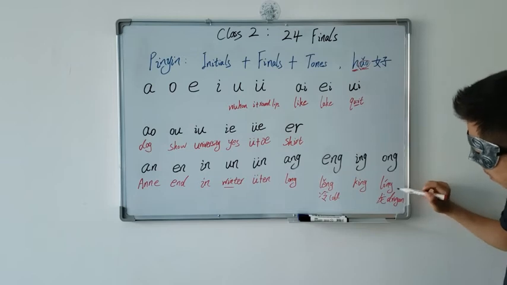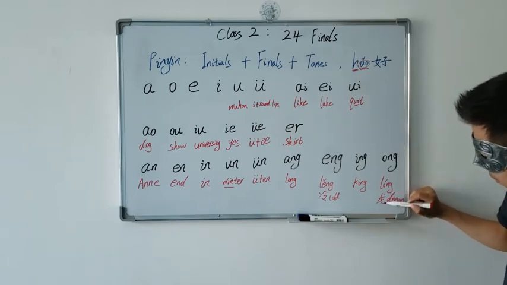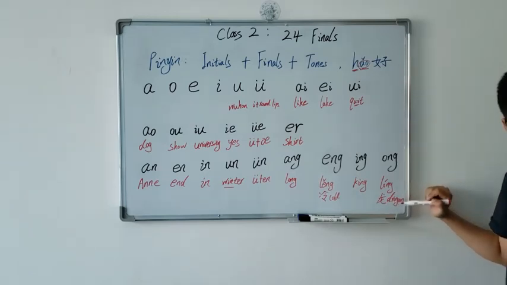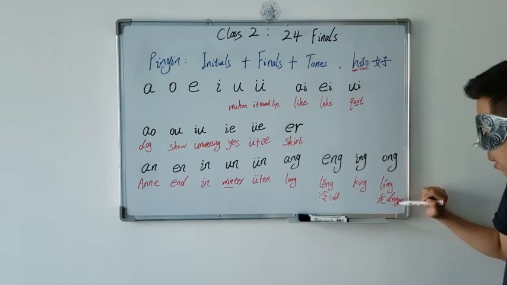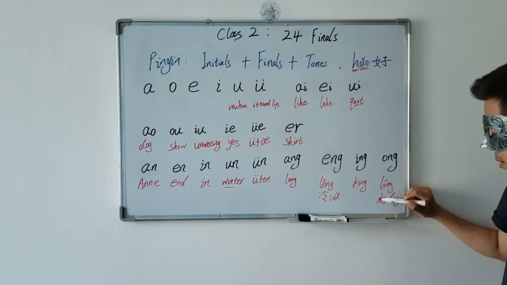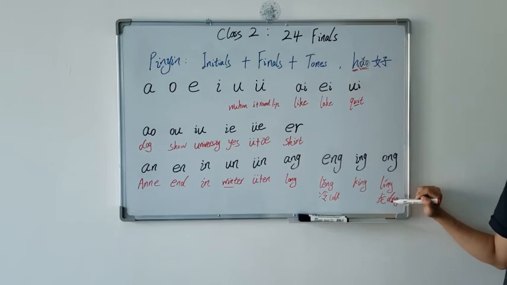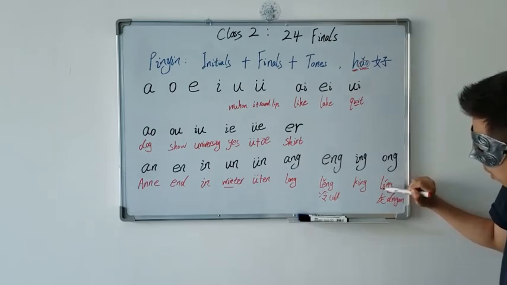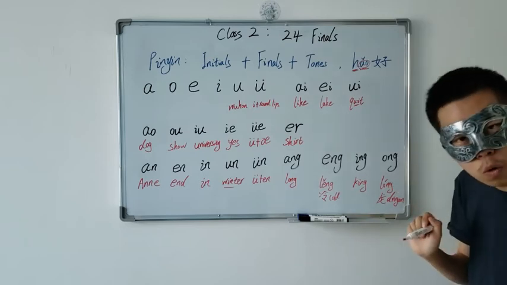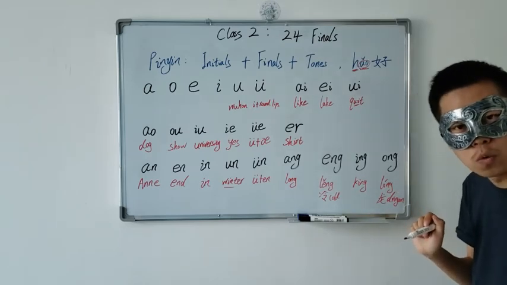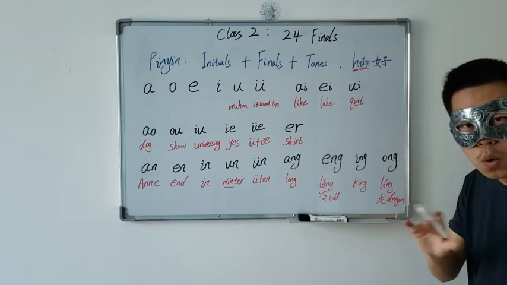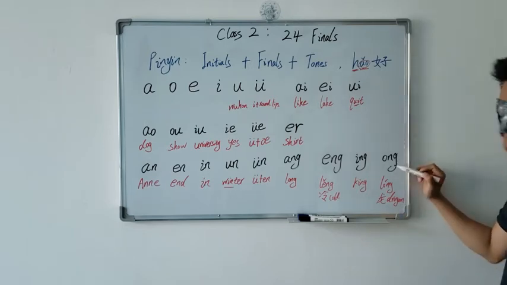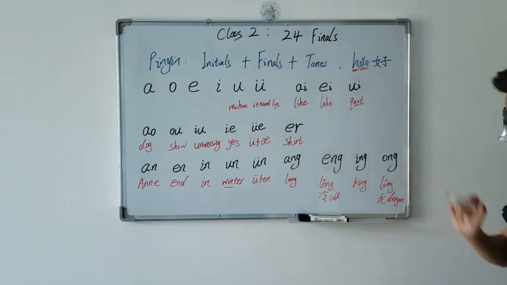For example, this character 龙 means the dragon in Chinese. In English, it means dragon. So its pinyin is 龙, like this pronunciation.